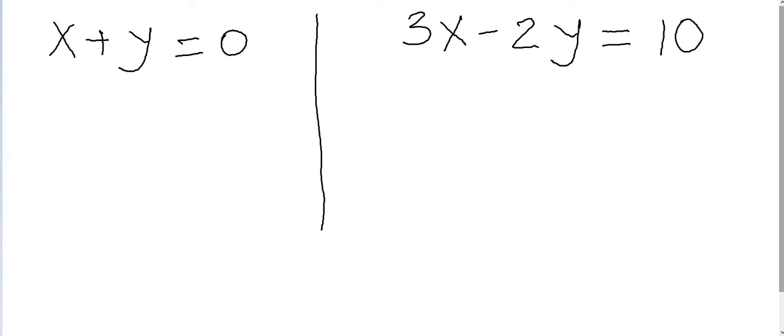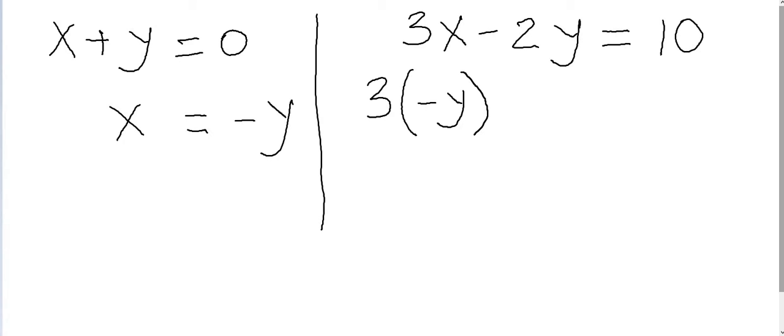From the first equation, we get x equals minus y, since y goes to the other side and becomes minus y. Then in the second equation, you take the value of x and substitute it in the 3x. So you get 3 times minus y, minus 2y equals 10.